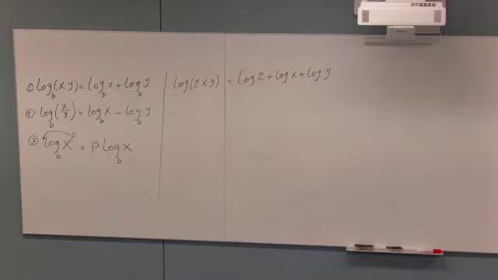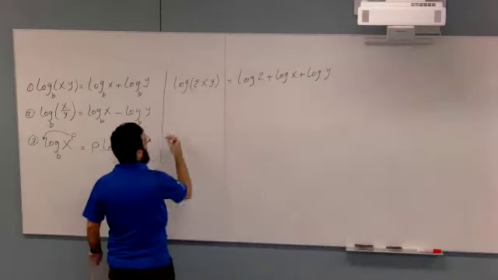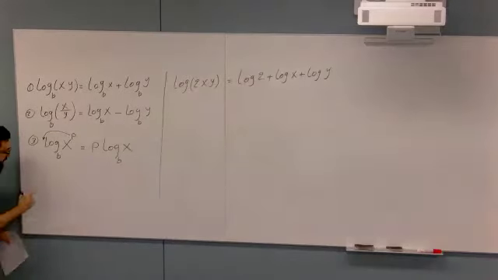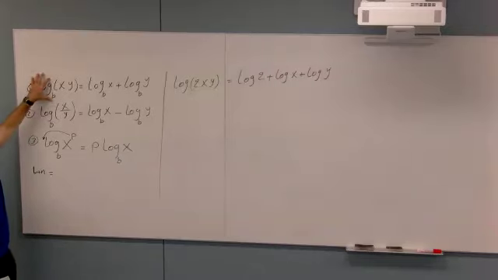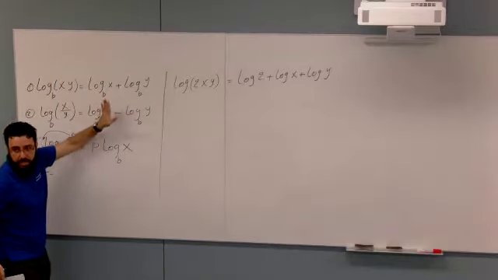What about the next one? Then the 3a. By the way, these rules work the same when we have ln. When we have ln, you can use the same rule. Instead of log, you're gonna put ln. So ln x, ln y. Is that okay?